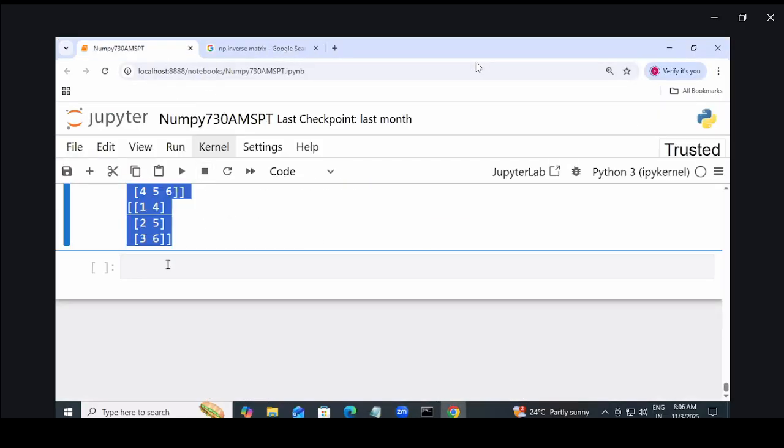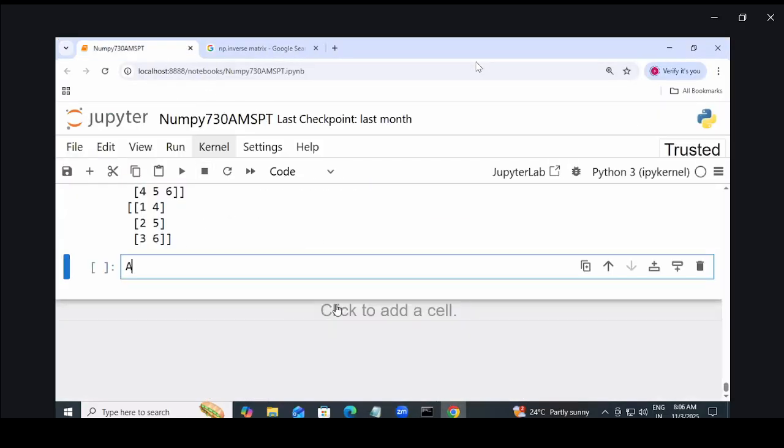Suppose I'm taking one array. Already we imported np, right? I'm creating one square matrix here: 1, 2, 3, then 4, 5, 6, then 7, 8, and 9.